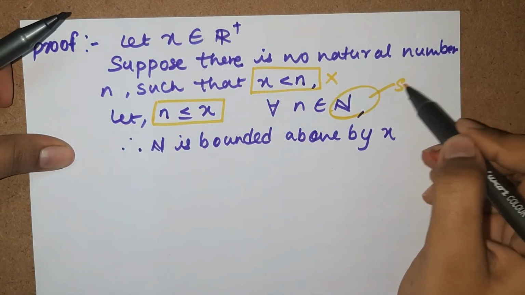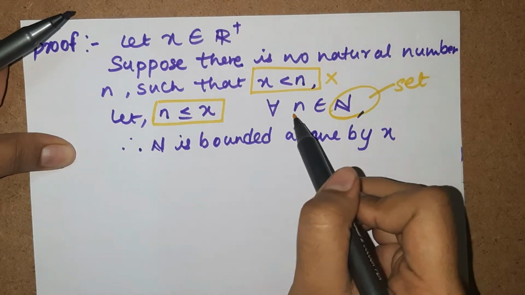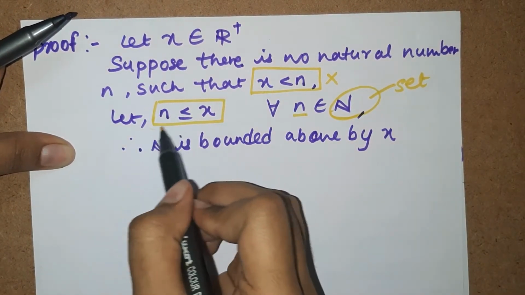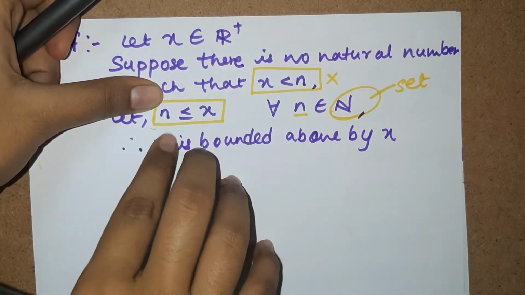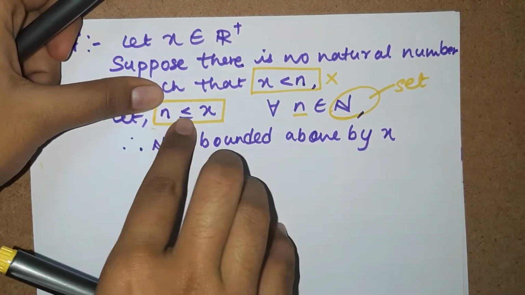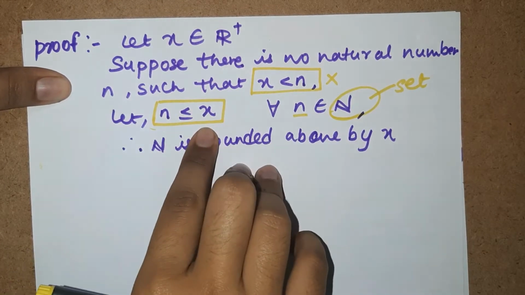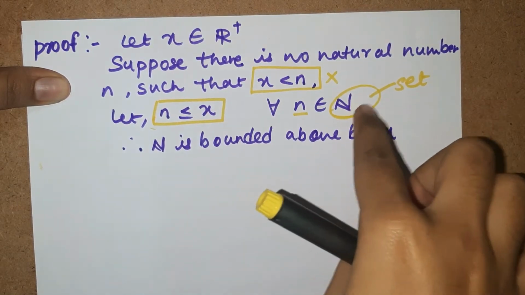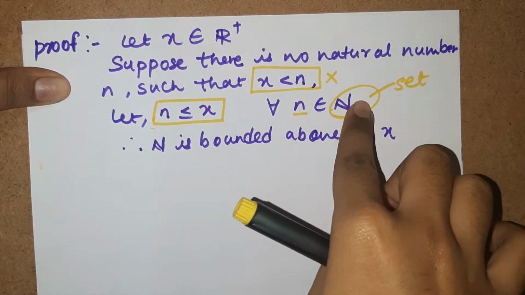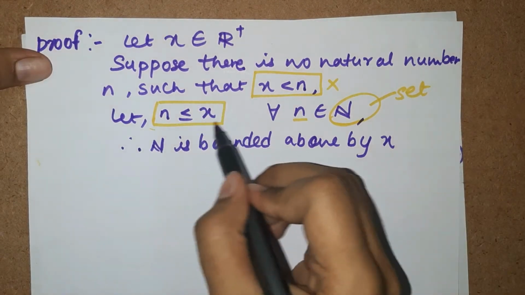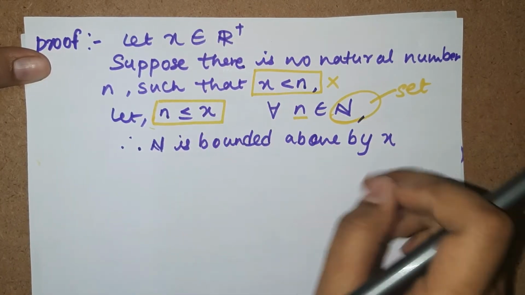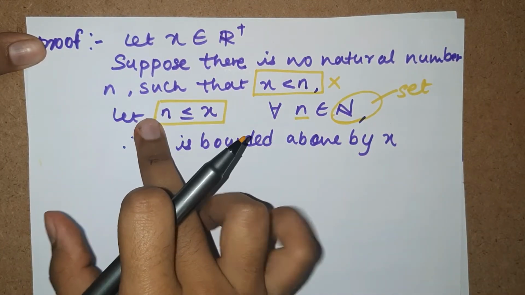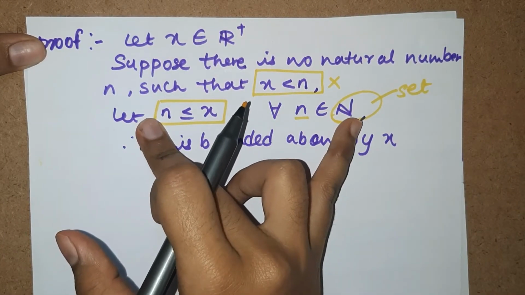N is a set. This small n belongs to this set N, and every element of N is less than or equal to x, which means x is greater than all the elements of set N. Clearly, x is the upper bound of set N, because it is greater than all the elements of the set of natural numbers.